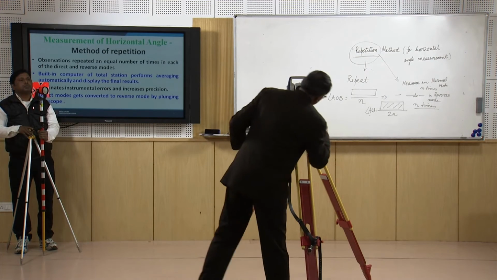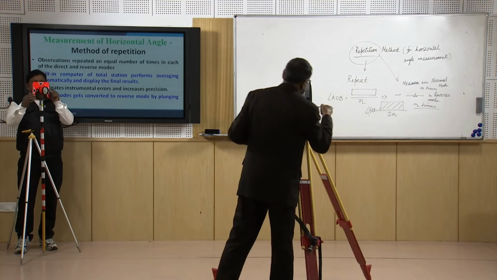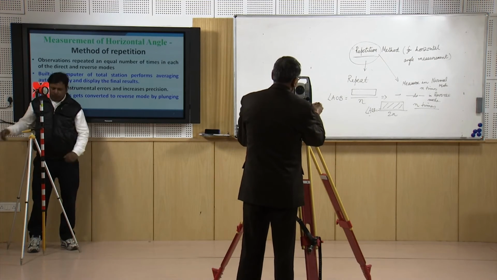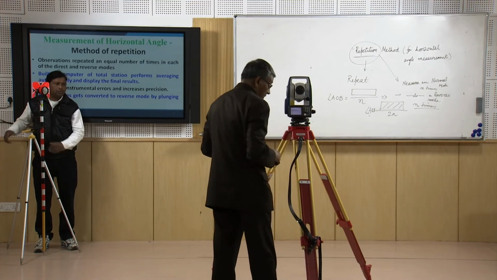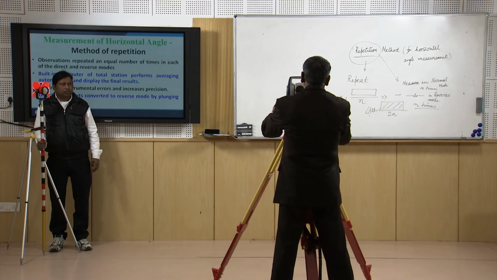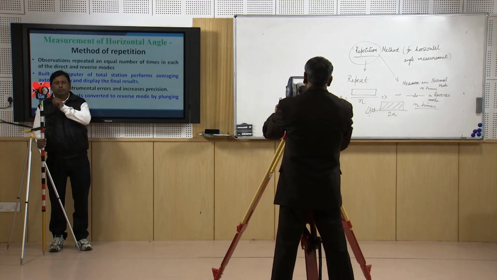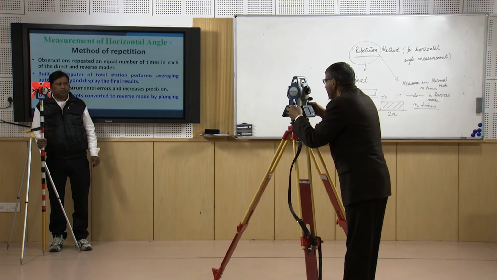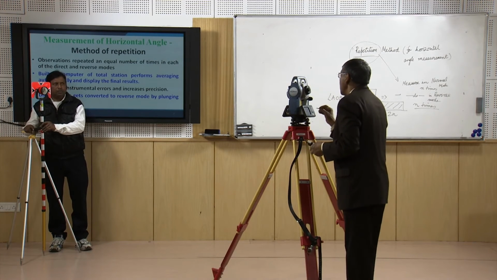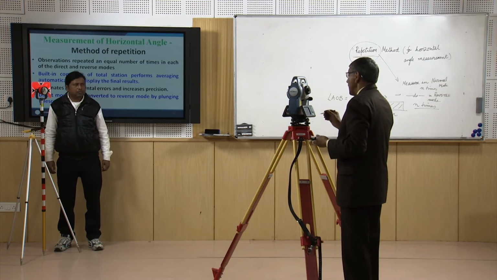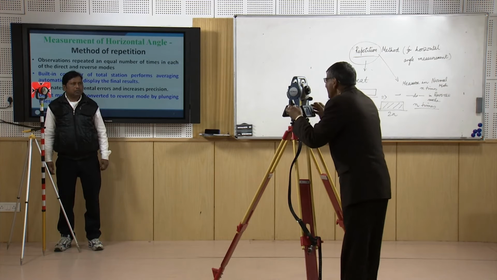So let us assume that the centering and leveling has been done properly. Now to carry out repetition, first we have to bisect this object and we will make it 0.